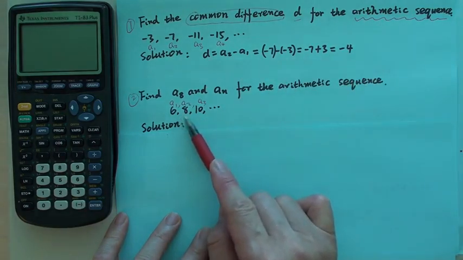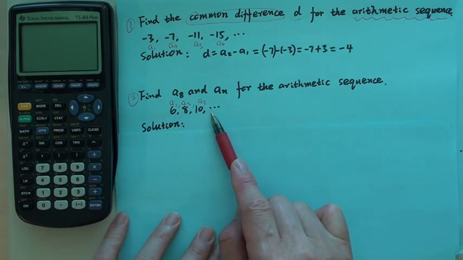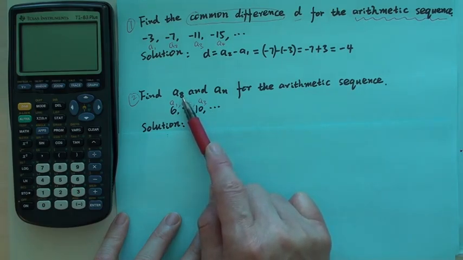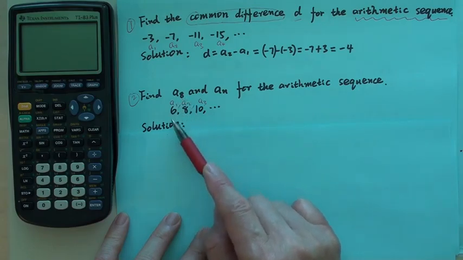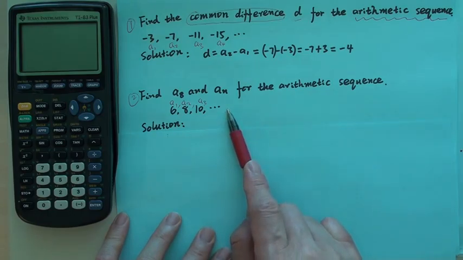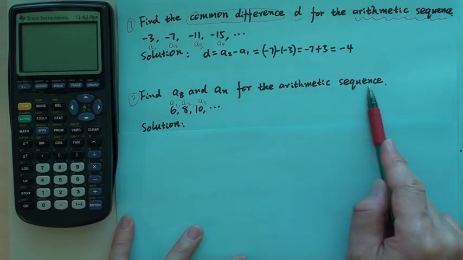Now, of course, you may count until the 8th term, but that way takes time. For the 8th term, it may not be that hard, but if I say the 20th term or the 100th term, then you may run into trouble. Here are the things we want to do for an arithmetic sequence.